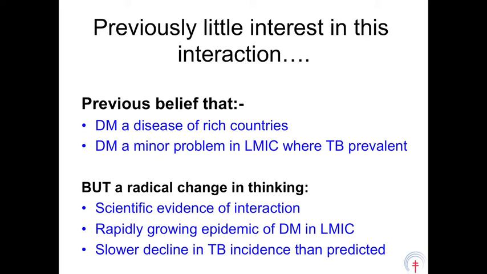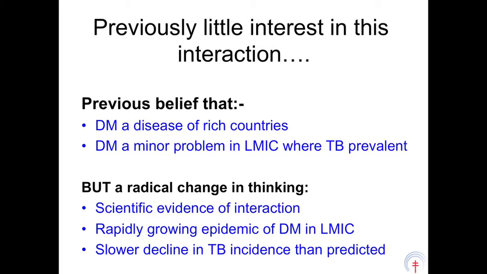And between Roman times and really the last 8 to 9 years, there have been anecdotal reports, case studies looking at the interaction, but in fact, precious little interest at that time. And I think it's because people think or thought that diabetes is a disease of rich people living in rich countries and is a minor problem in the low and middle-income countries where TB is prevalent.